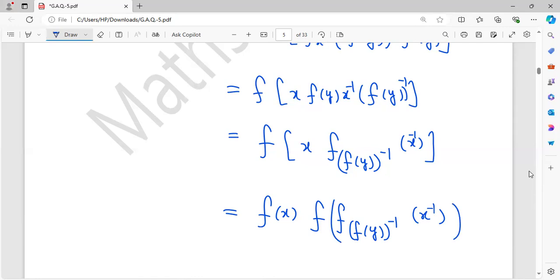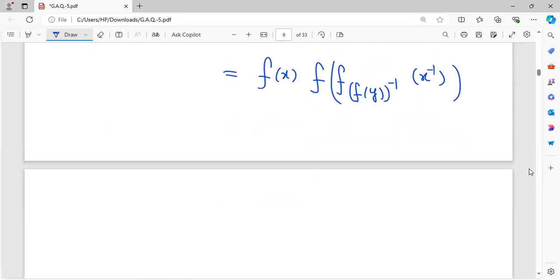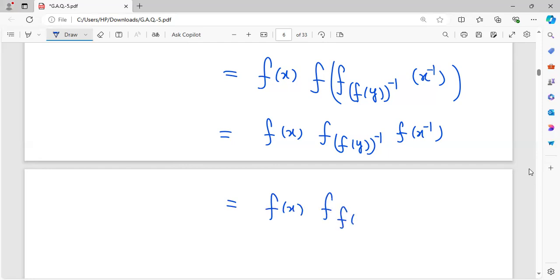But f commutes with inner automorphism. If it commutes with inner automorphism, I can write f y inverse, f x inverse. Now this can be written as f y inverse, f x inverse. Now how can we write this?